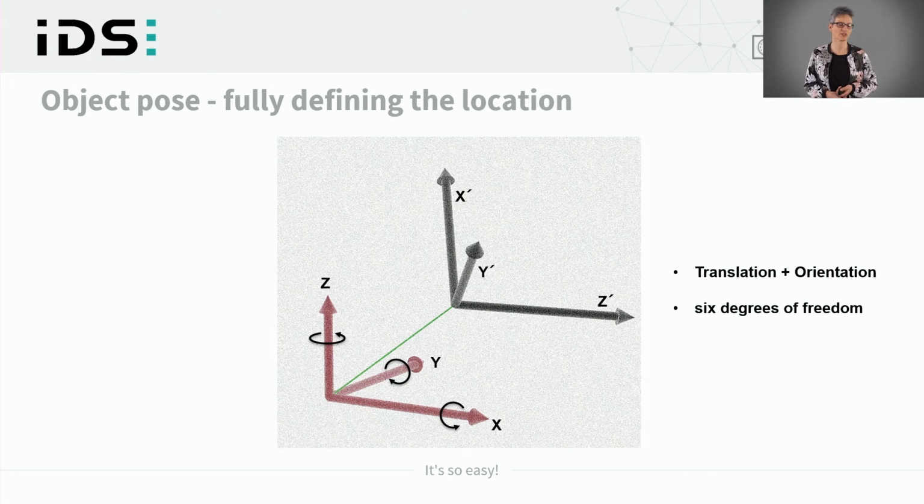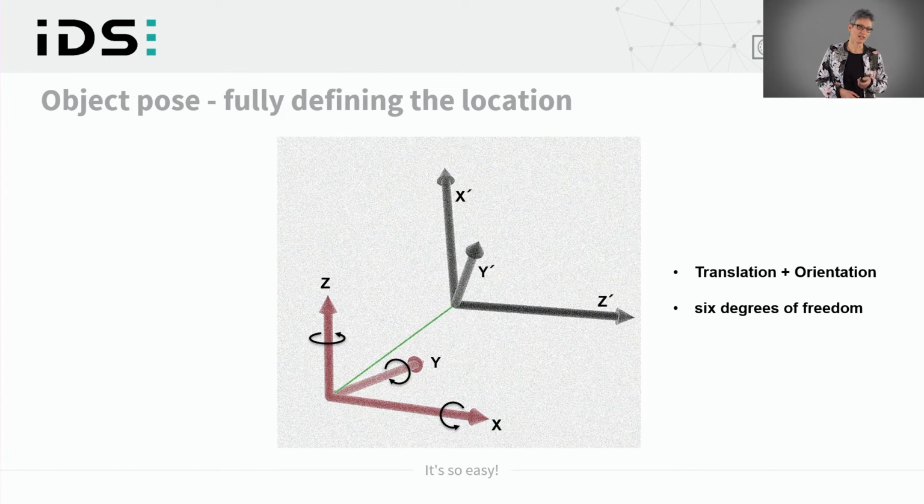Here our reference system is shown in red. It's called the XYZ coordinate system. In American English sometimes you will hear it said differently, so don't get confused. It means the same.